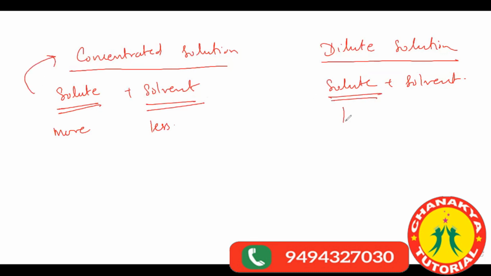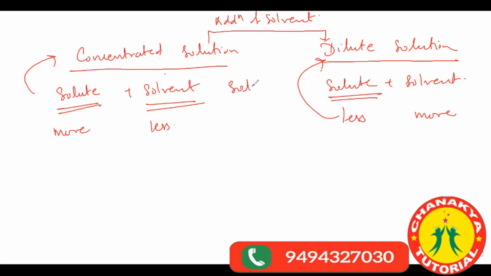Whenever the solute quantity is less and the solvent quantity is more, it is called a dilute solution. A concentrated solution can be converted into a dilute solution by addition of water or solvent. When you add a solvent to your concentrated solution, it turns into a dilute solution. Clear?